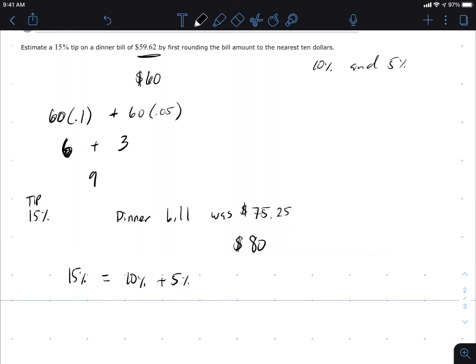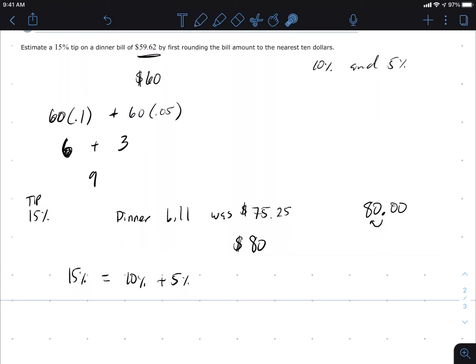So here, if I'm at $80, right? 10% tells me to move the decimal one to the left. That's what 10% tells me to do every time. So what would 10% be of 80? I'm kind of confused. I'm not gonna lie. Okay, no problem. I'm half asleep.